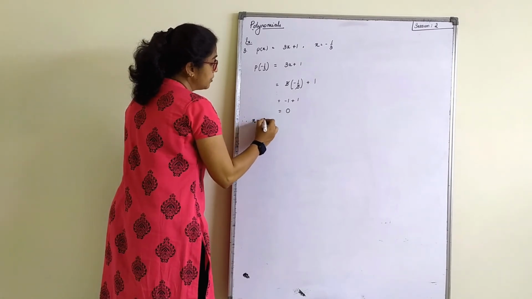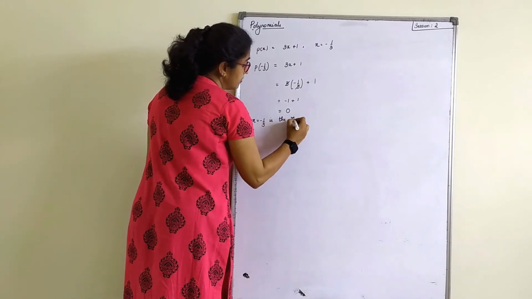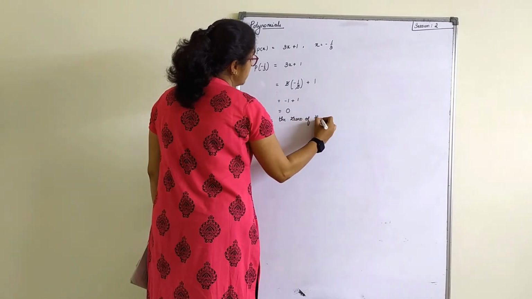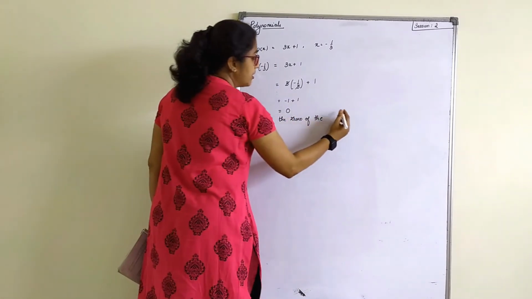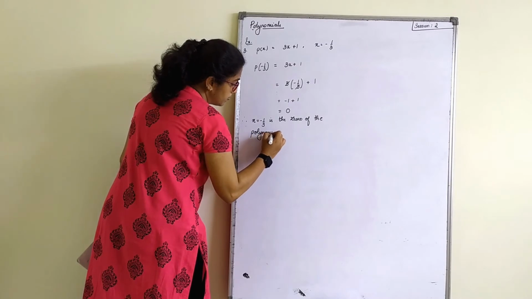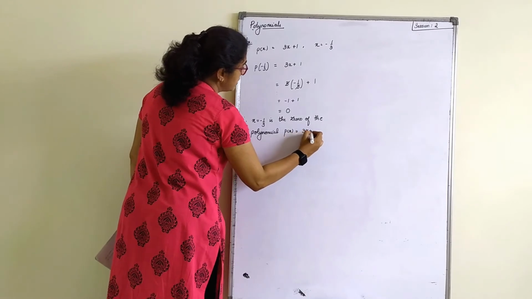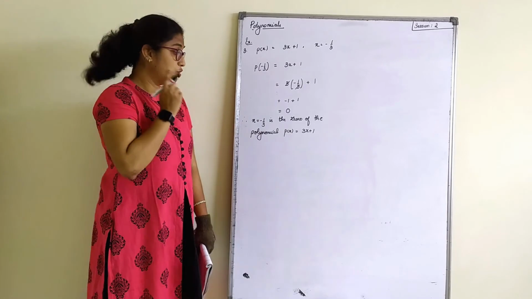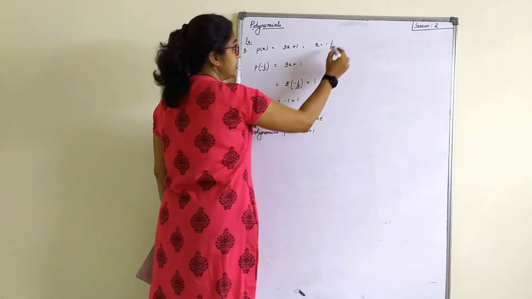Therefore, x is equal to minus 1 by 3 is the 0 of the polynomial P of x is equal to 3x plus 1. How much time will it take to write just one line? You have to write the concluding answer. Very clear? We got the answer as 0.